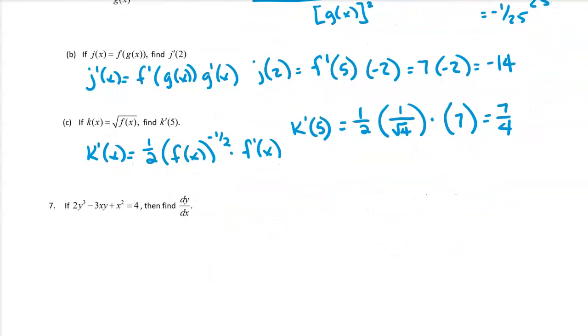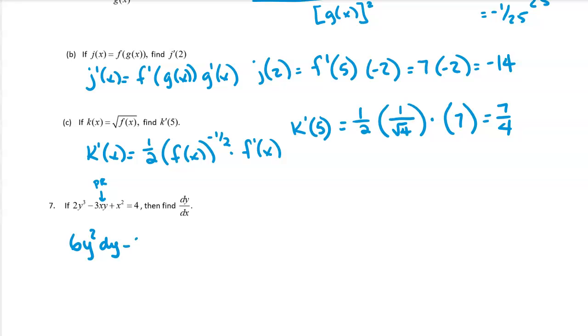One very straightforward, in which I must say you all did extremely well on, was our implicit. So doing this the way I taught you, 6y squared dy. This is definitely product rule, so I'm going to remind myself of that. So I'm going to let negative 3x be 1 and y be 2. Some of you factored a negative 3 out, and that might not be a bad thing as long as you remembered to distribute it back in.